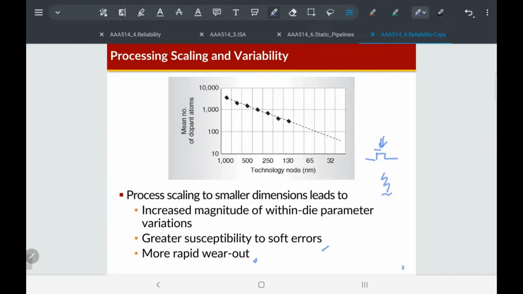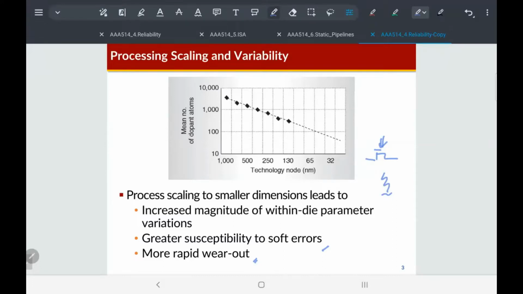It may sound weird that our transistors or electric devices are worn out, but it's true. Actually, the properties or characteristics of CMOS transistors get worse from the first manufacturing. So it is because the device characteristics are getting worse. So it is called wear out.